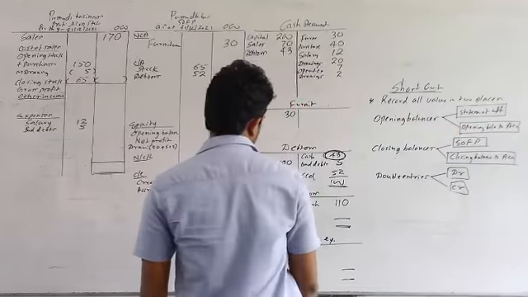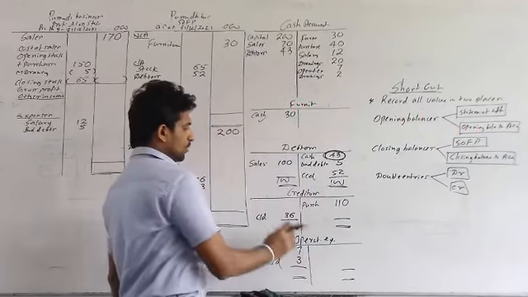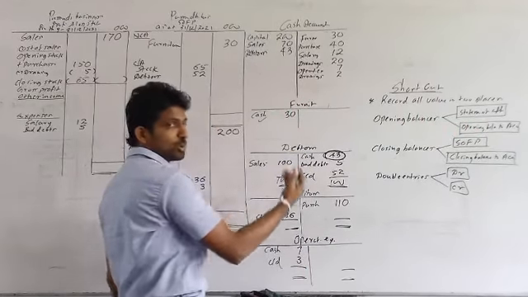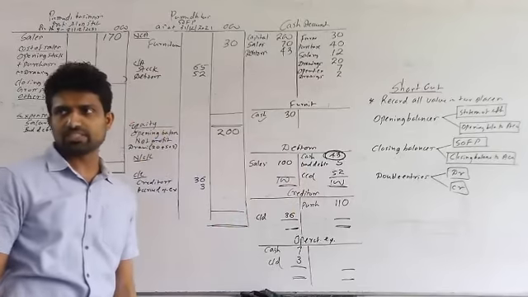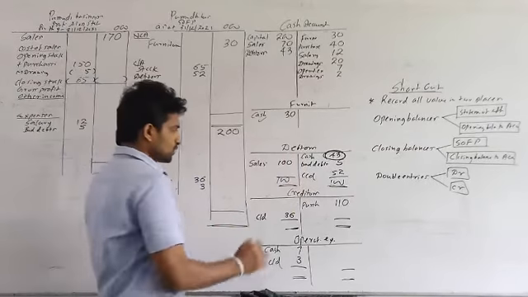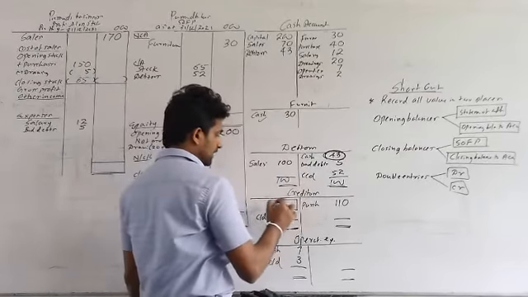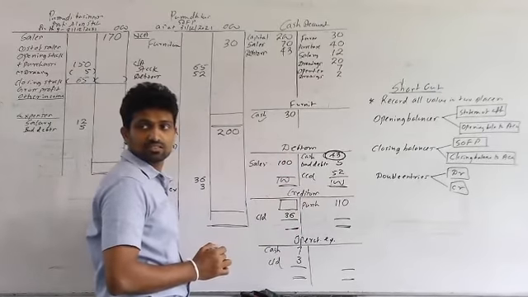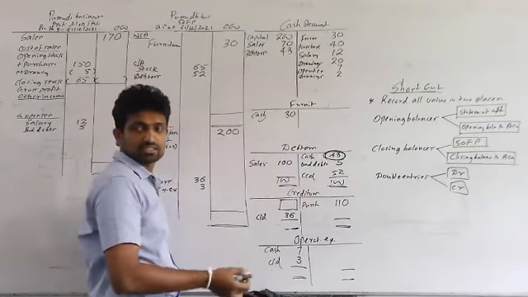In the creditors account, you see the closing balance and purchases, but there is no opening balance. So straight away the debit difference you can take as what? Payment to creditors, cash.